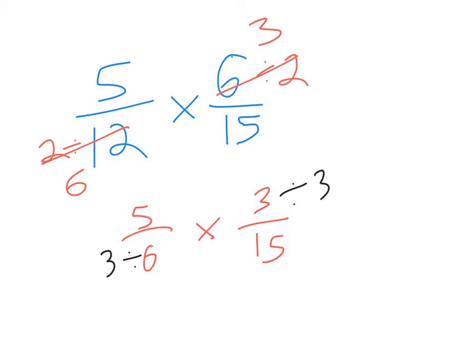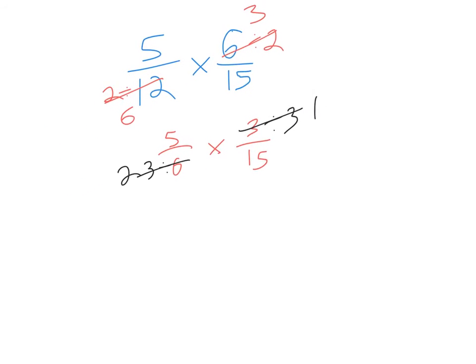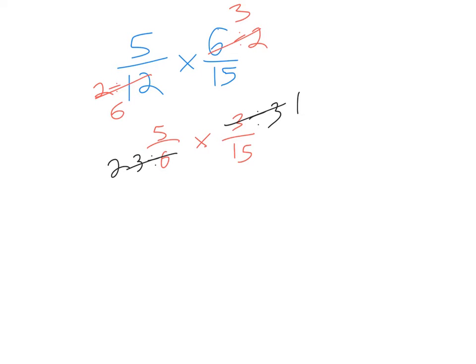Good. So 3 goes into 3 how many times? 1. Okay? And 3 goes into 6 how many times? 2, right? Okay, so let's rewrite. We have 5 over 2, right? Times 1 over 15.